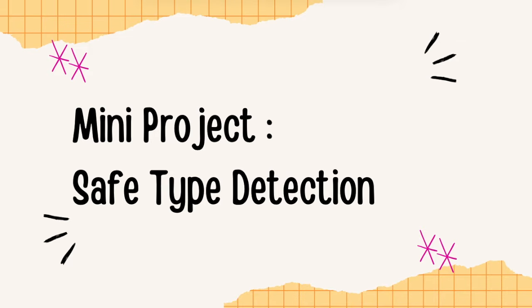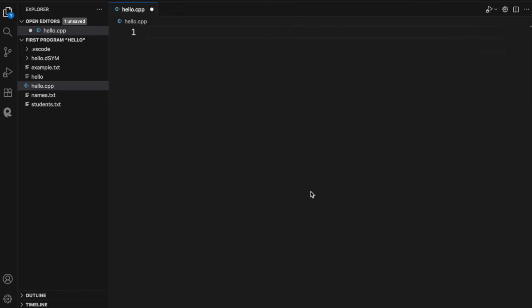Let's now make a small program that detects object types at runtime. We are going to include our headers and then using namespace std.